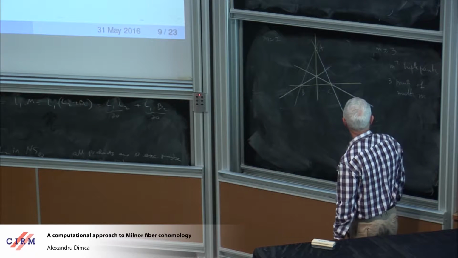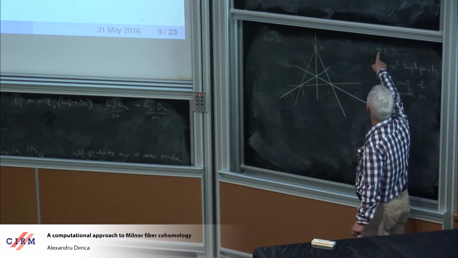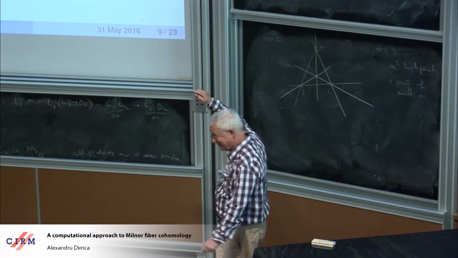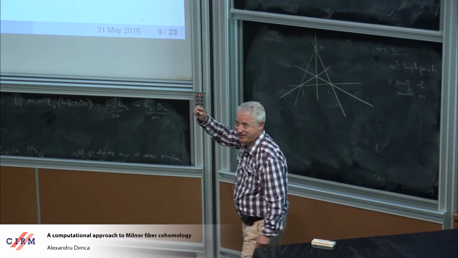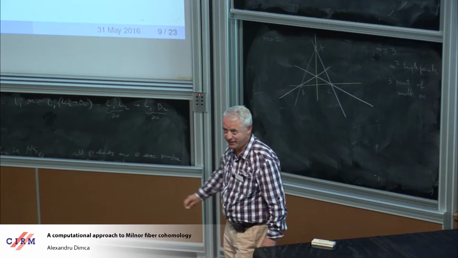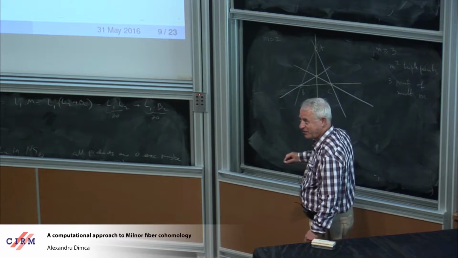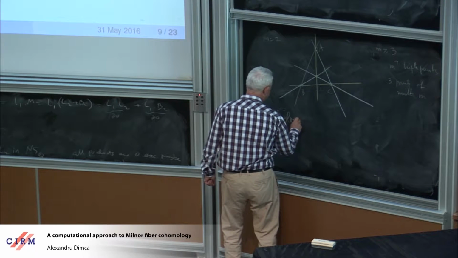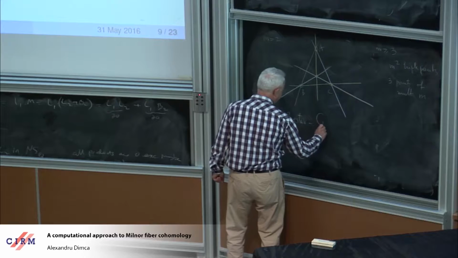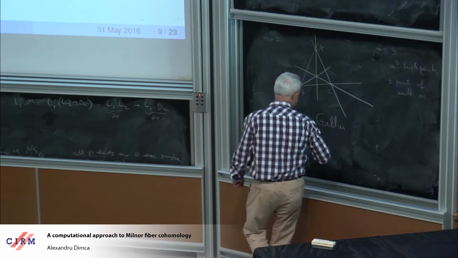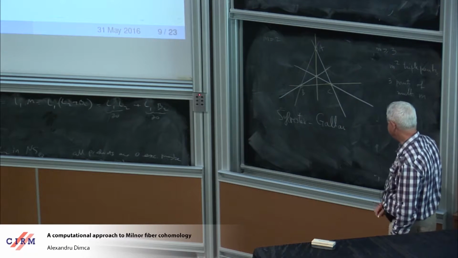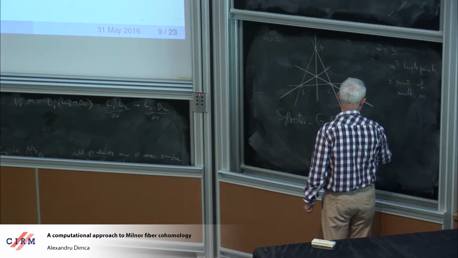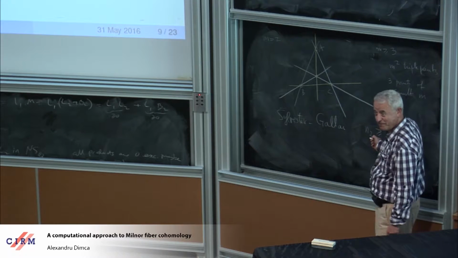And so my claim is that for m bigger or equal to 3, you cannot draw the real picture of this. Can you see the reason why? Because there is an old result by Sylvester. Now this is called the Sylvester-Gallai property, which says that any real arrangement has at least 3 double points.